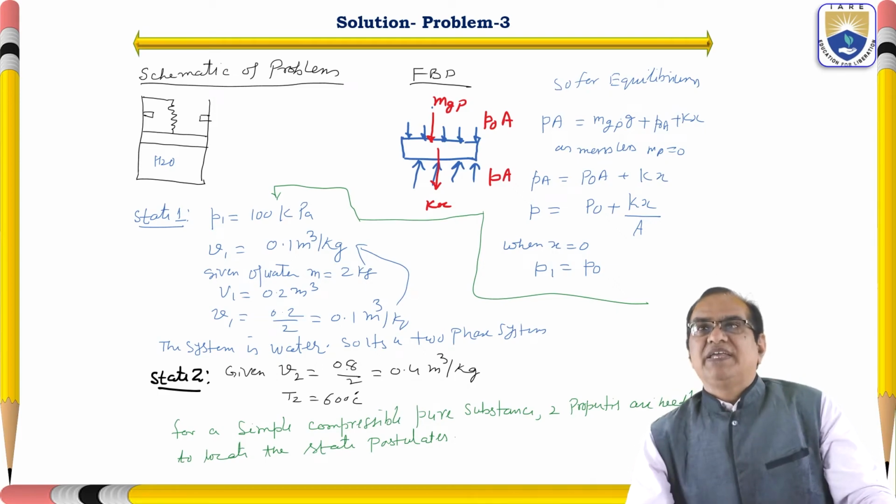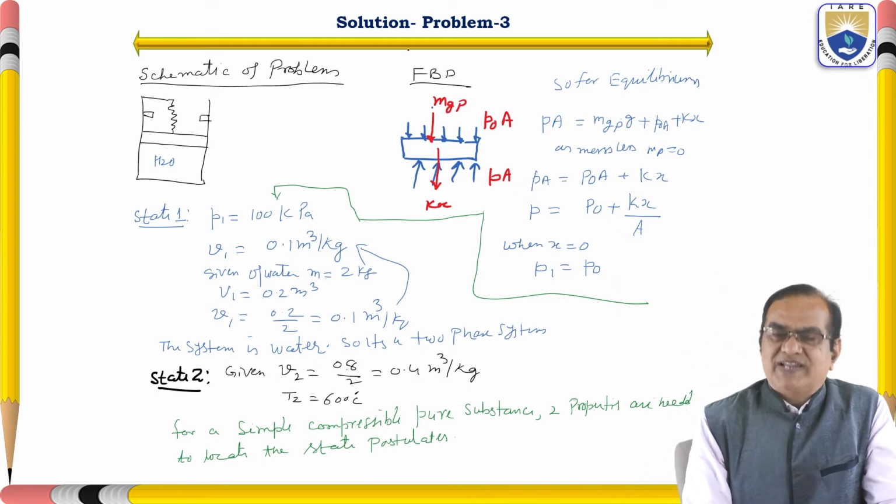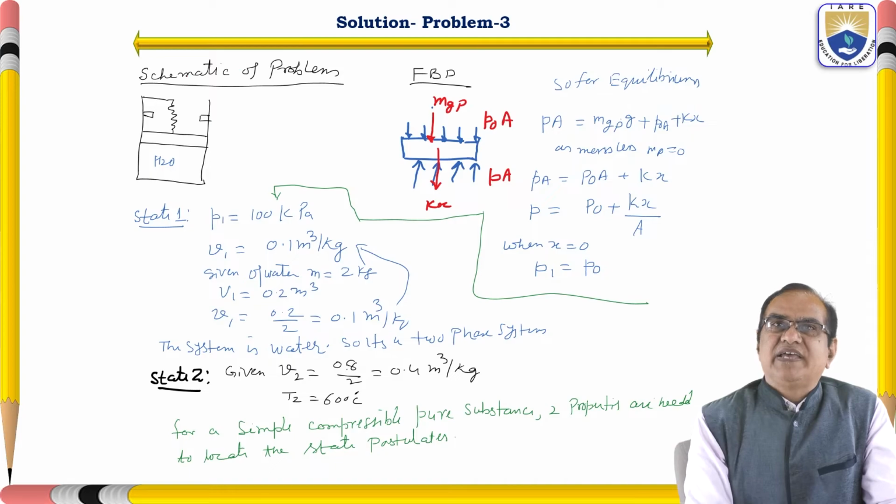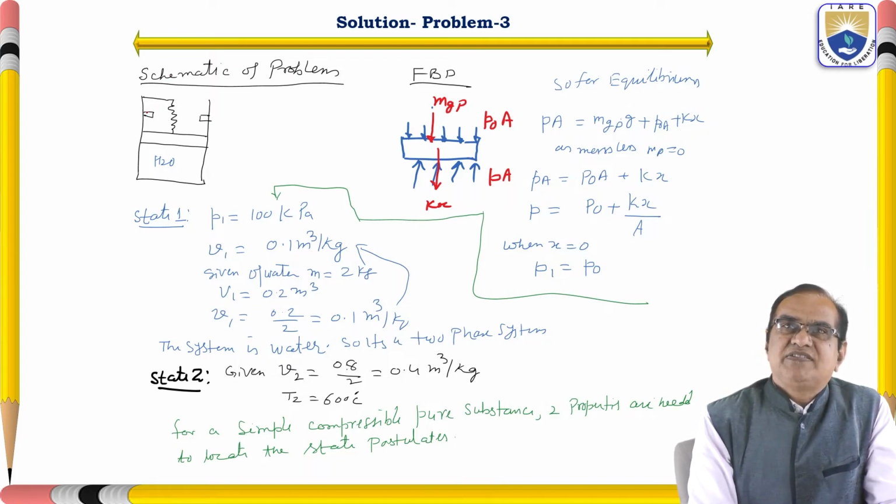So here we go for the solution and the schematic of the problem. You can see these are the stops. This is the cylinder.